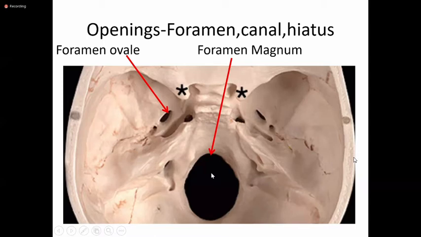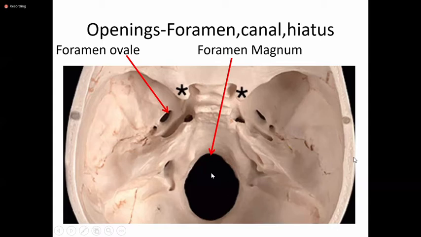Then it will come out of the foramen lacerum. Here, this is the upper opening of the carotid canal. This is the lower opening. So it has some length and breadth within the bone. Hence it is called canal.